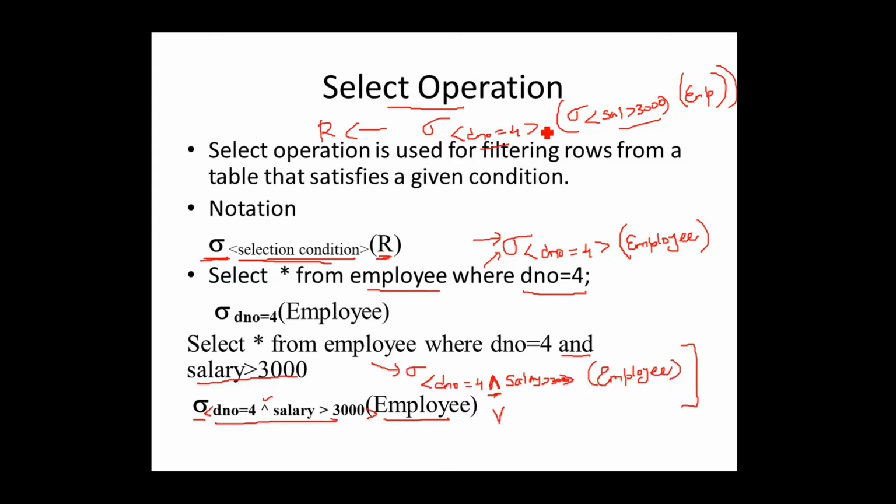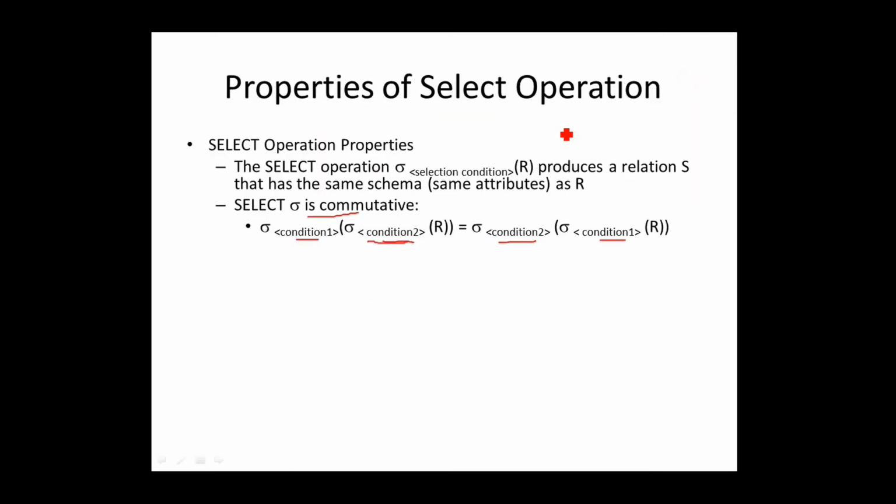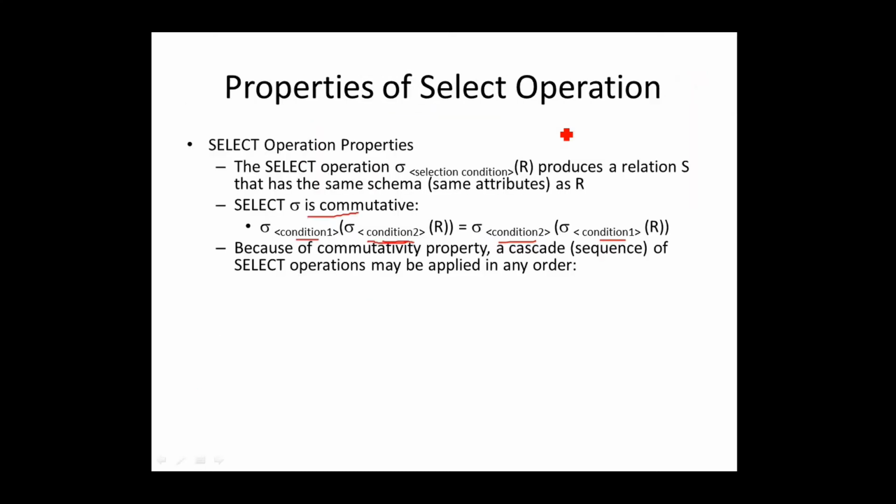But if I interchange this condition, say first I take all employees from department number 4 and then filter all the employees with salary greater than 3000, then I may get some other result R dash that will be equivalent to R. So I can very well say R dash will be equivalent to R. So no matter how you apply the conditions, the result is going to be the same with respect to select operation. So that is the meaning here. Select operation is commutative.